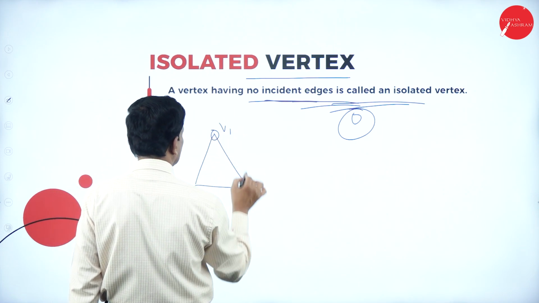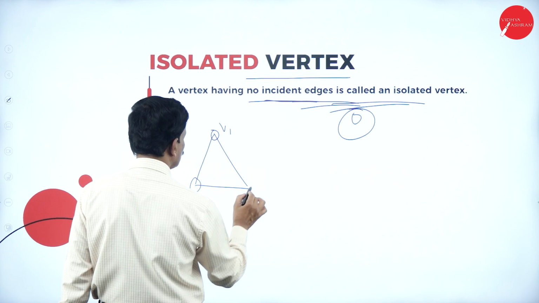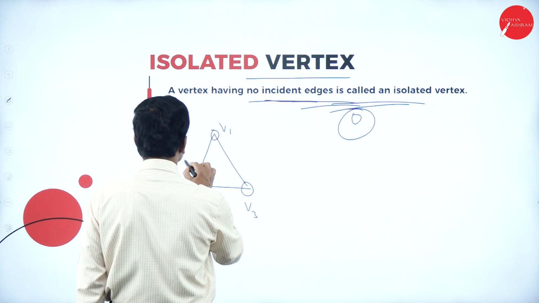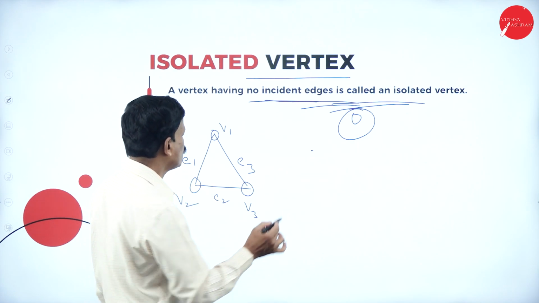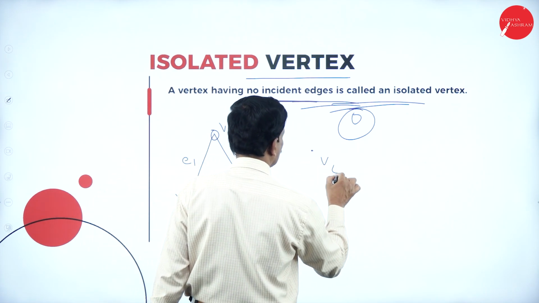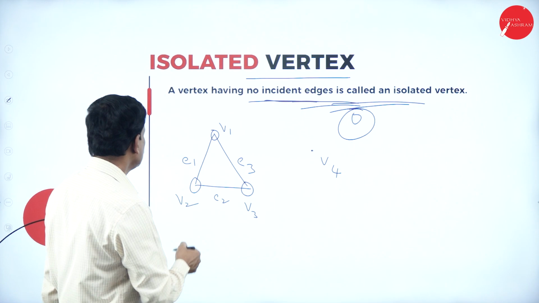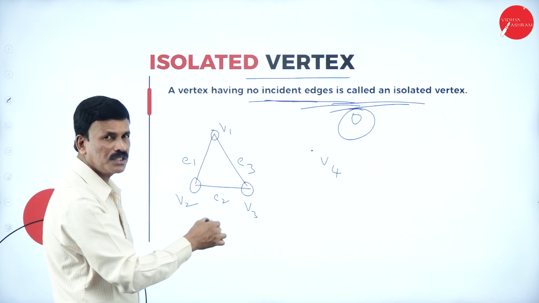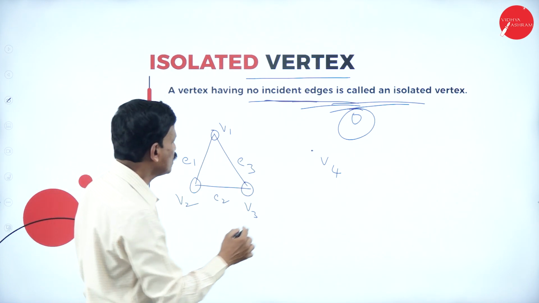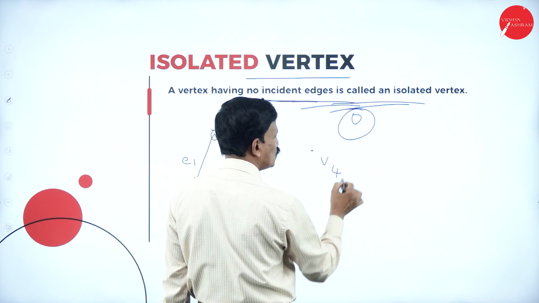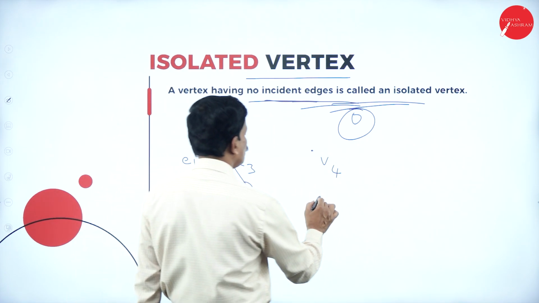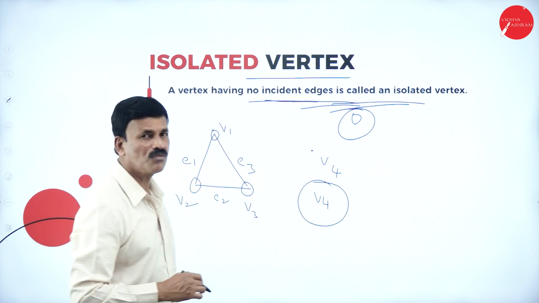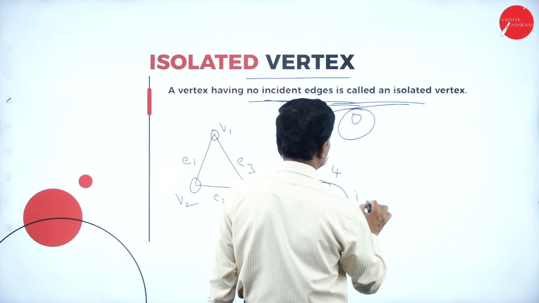This is V1, V2 and V3, with edges E1, E2, E3, and another point, this one V4. Here V1, V2, V3 have incident edges, whereas V4 does not have any incident edge, therefore V4 is an isolated vertex.